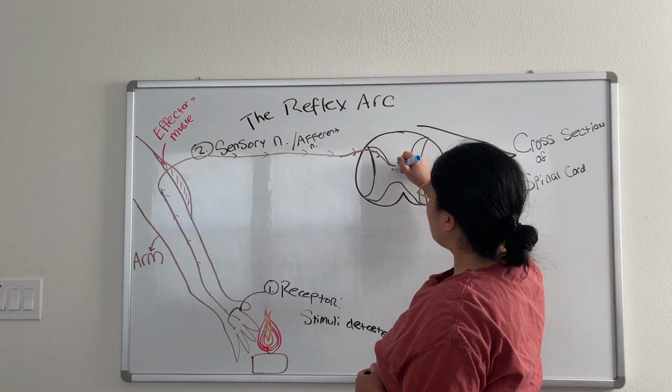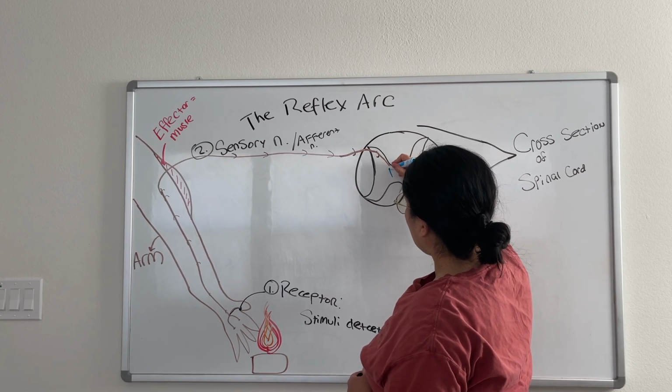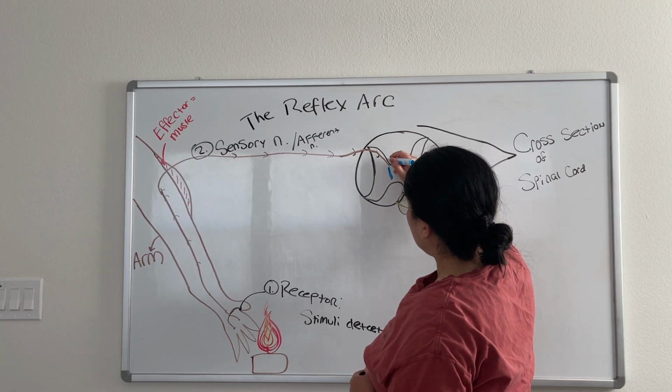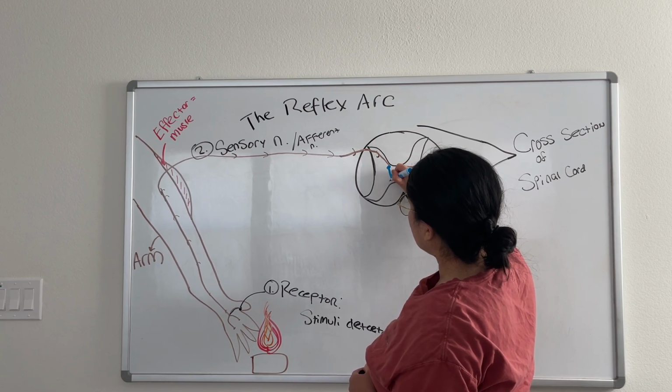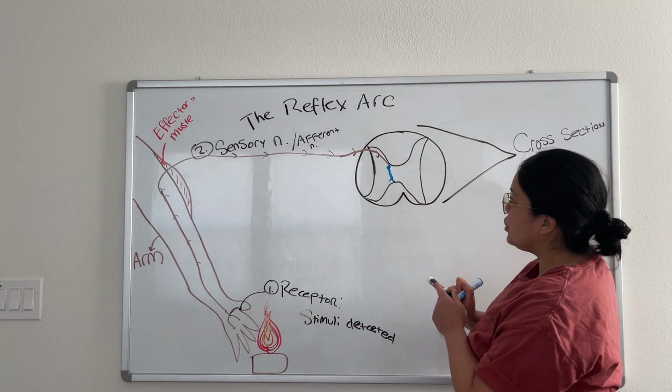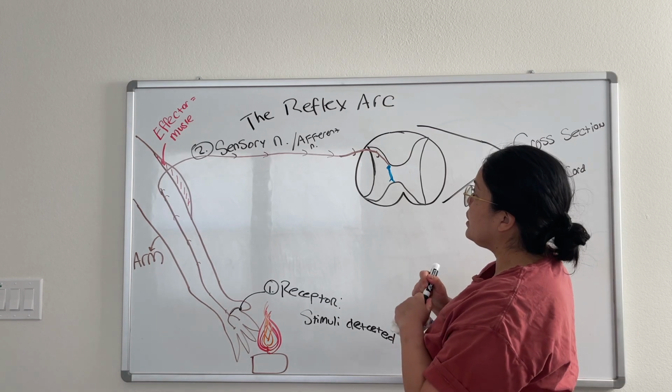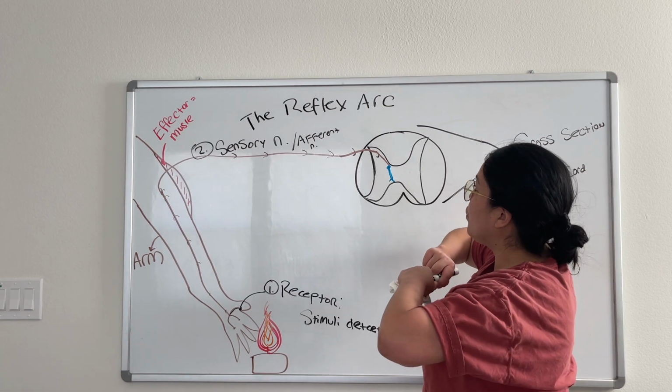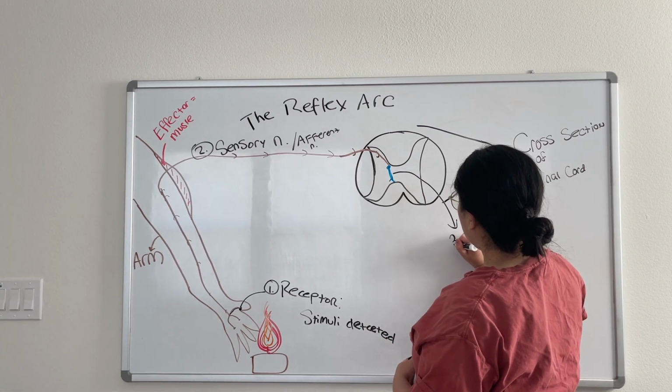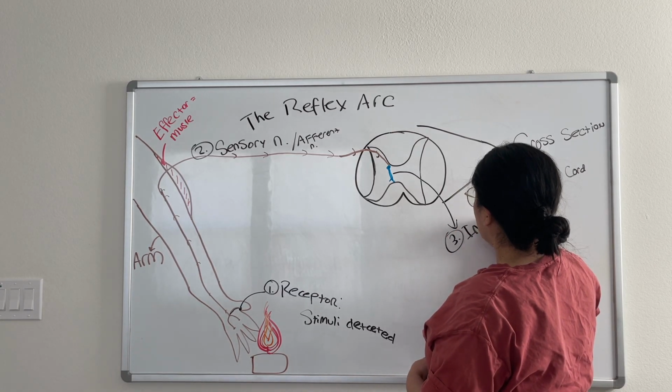Once the sensory neuron is here in the spinal cord, it's actually going to meet with an interneuron. Remember, this interneuron is the connection between the sensory and motor neuron. 3 is the interneuron.